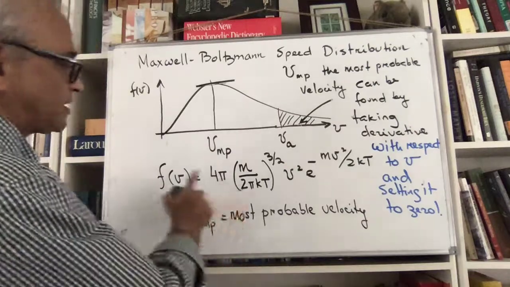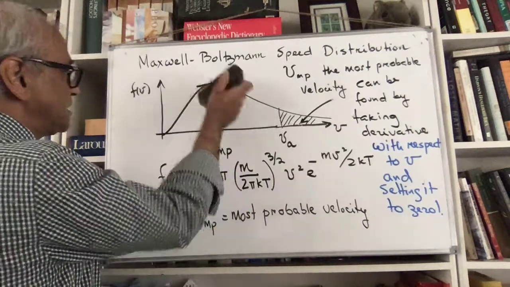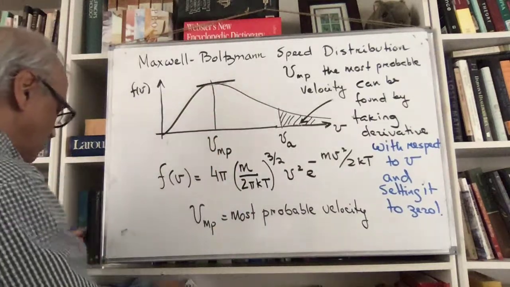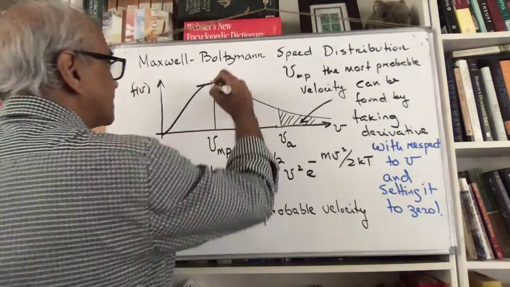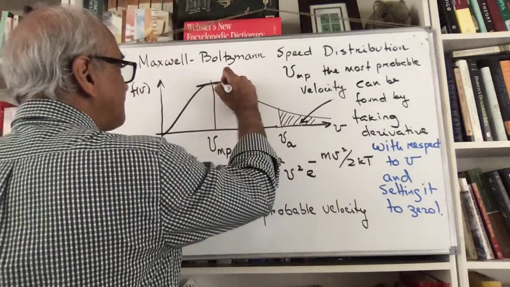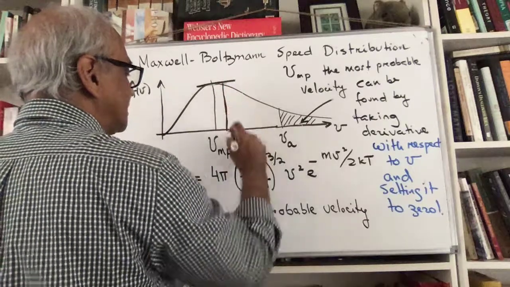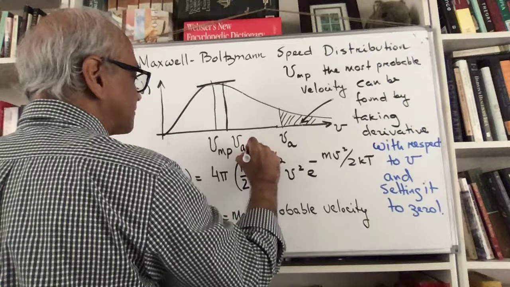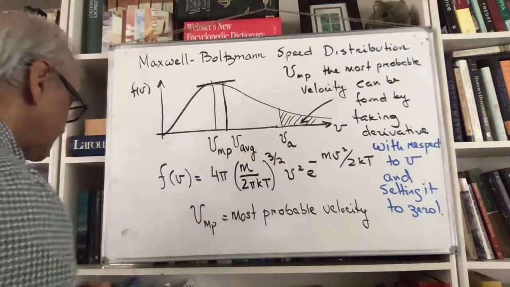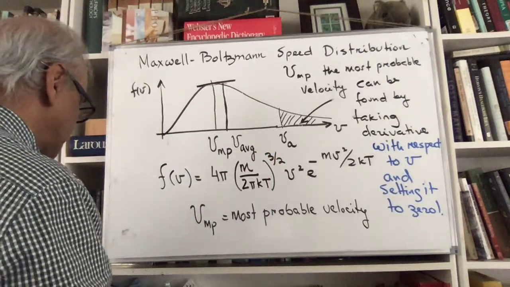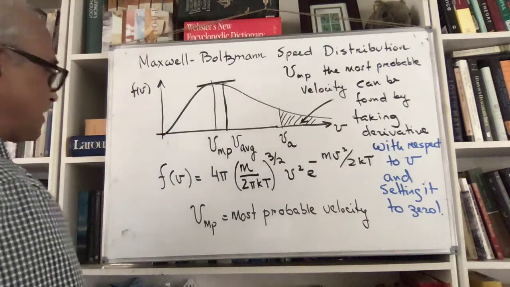So what I will do, because I want to keep this for the timing, so just so that you know, the average velocity would be actually a little bit higher than this one. This would be V average. Okay, V average.